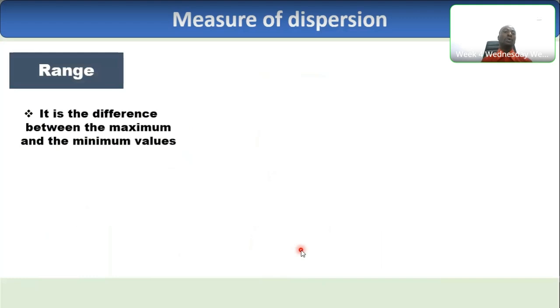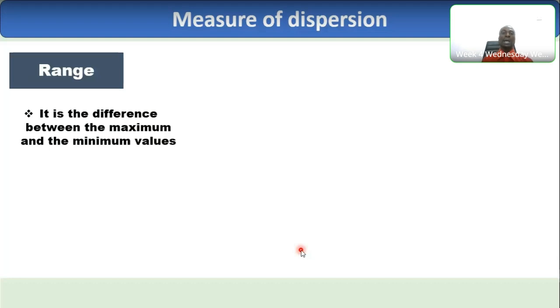So you are asking, what is the difference between the maximum score and the minimum score? If they say that the range between the maximum score and the minimum score is 50, and then you ask for another class and they say the range between the maximum and the minimum score is 30, it tells you that the people in the second class, their performance is close.